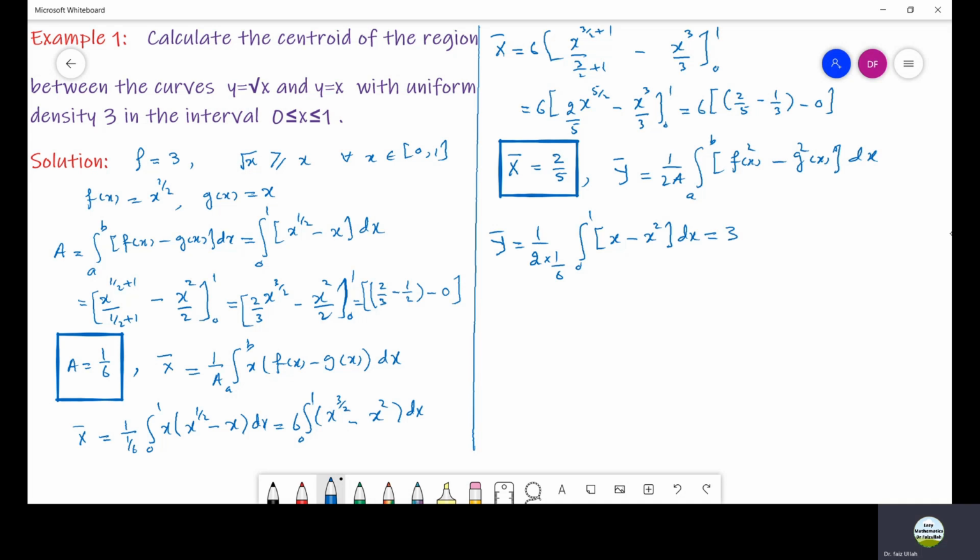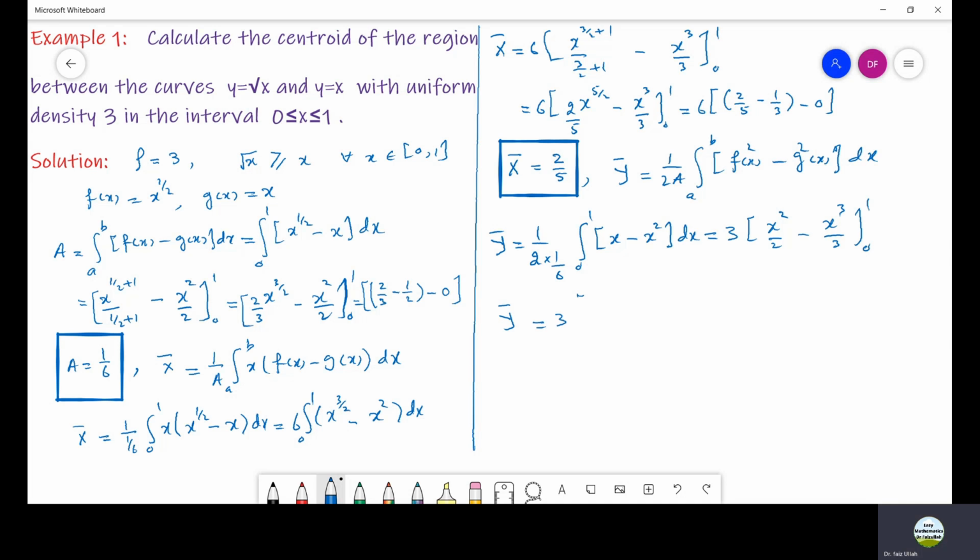Let us integrate it now. So we have x square by 2 minus x cube by 3. The limits are from 0 to 1. Let us substitute the limits.